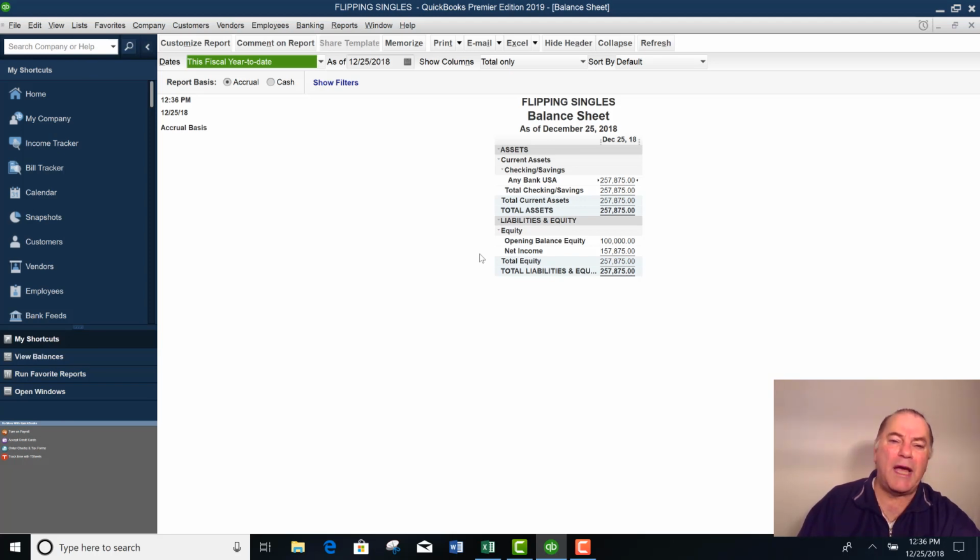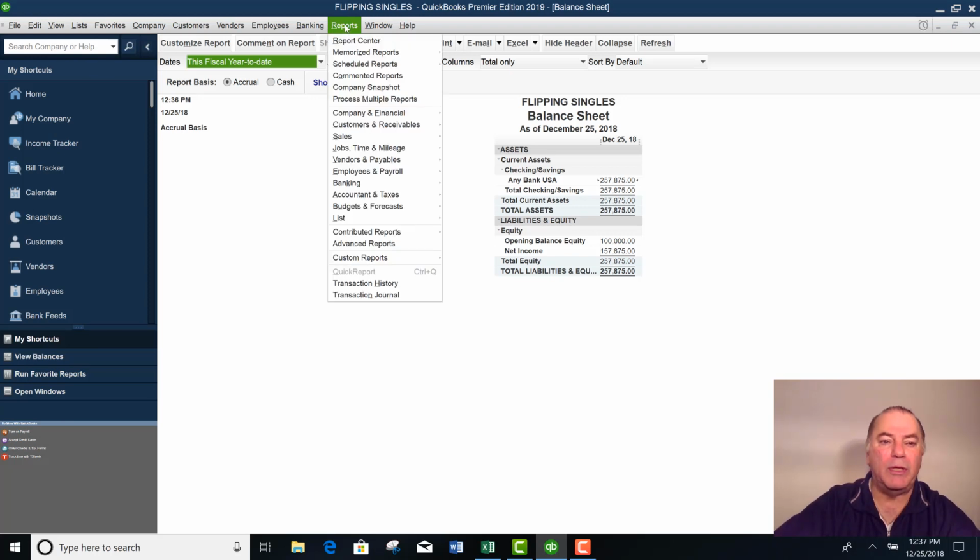If you're flipping 30 houses a year, you may not want to know on each house what it's costing for each thing. You may want to just lump it all together. However you want to do it is fine, but I chose to show you a more detailed way so that you can see specifically, if you want, on each house what the cost is going to be.